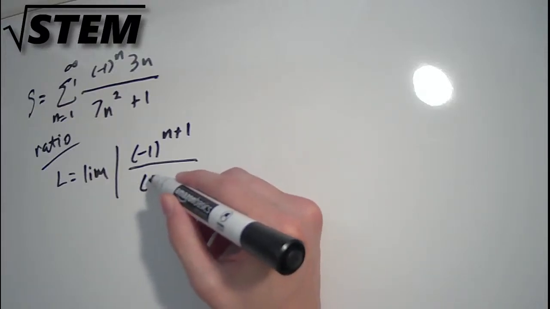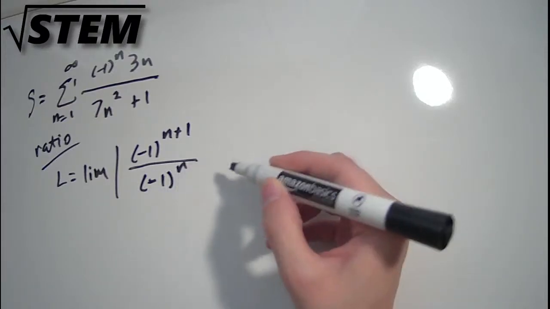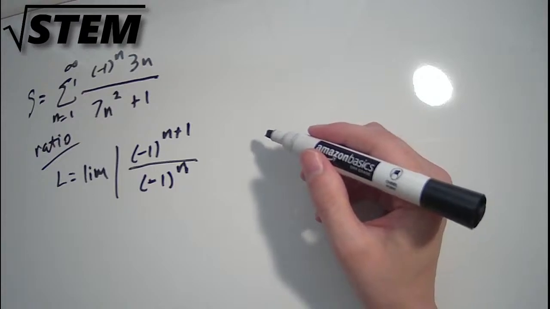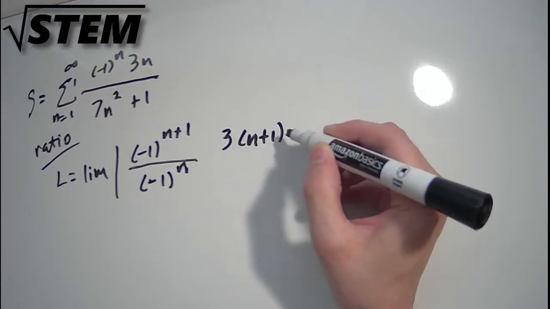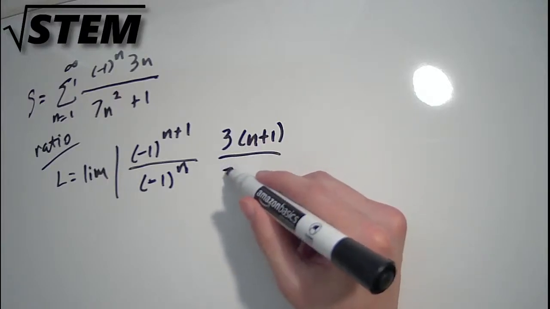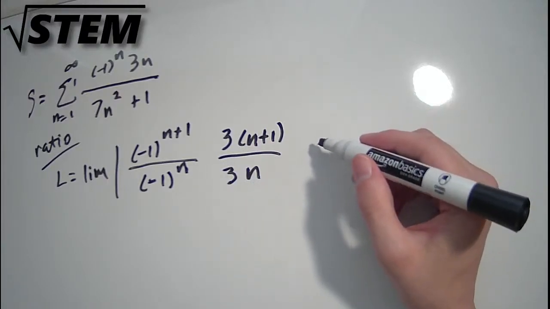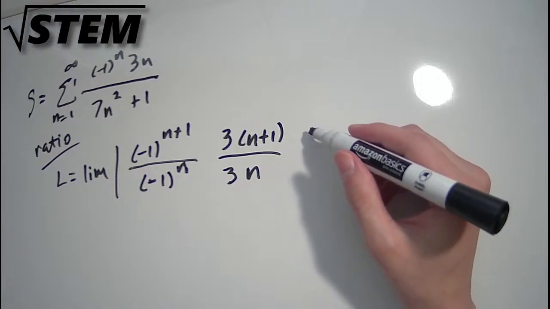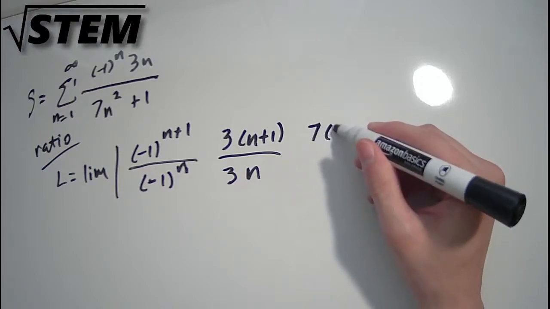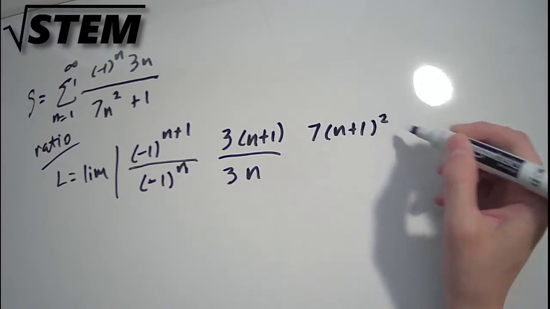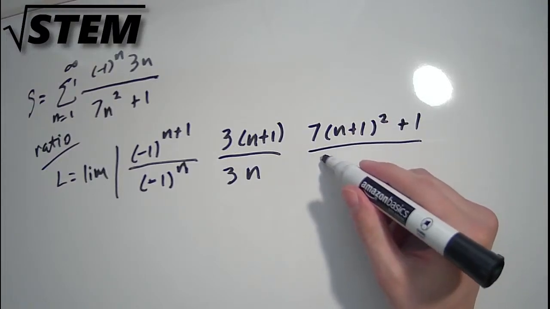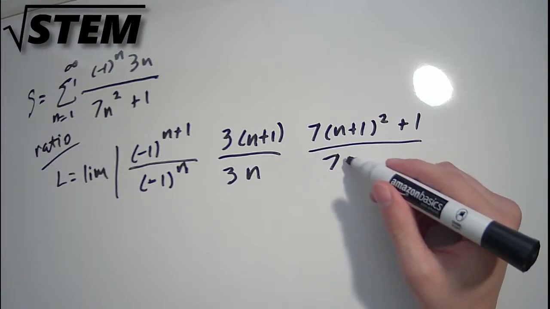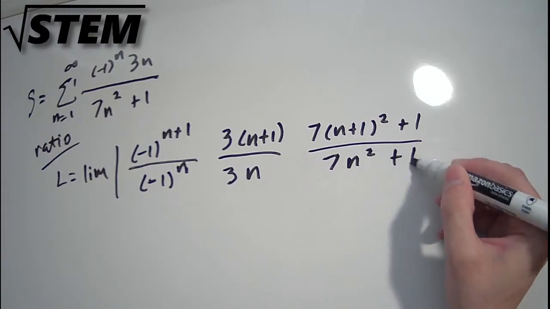From the n plus 1 term we would have 3(n+1), and from the bottom term just 3n. From the top term we would have 7(n+1) squared plus 1, and from the bottom term 7n squared plus 1.